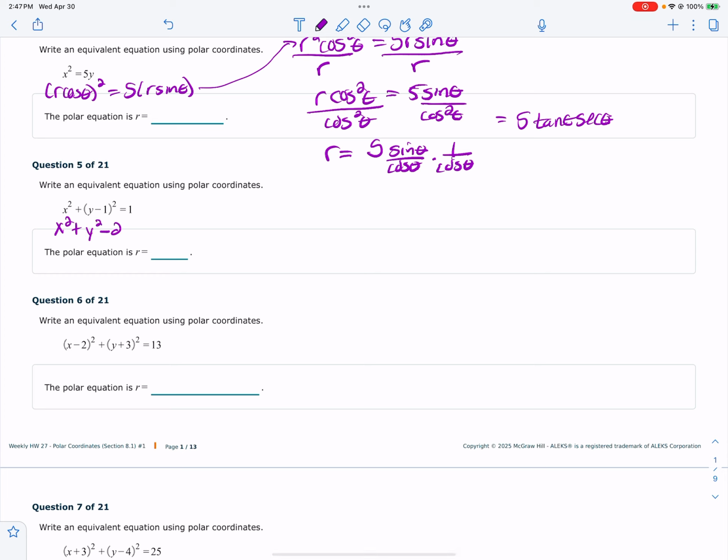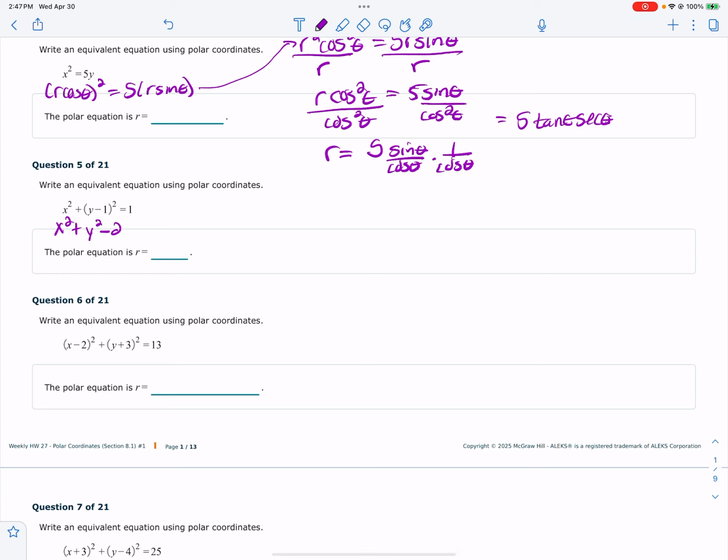Well, 4 and 9 is 13, so if I subtract 13 from both sides, those would be gone. So what I have now is r squared cosine squared plus r squared sine squared minus 4r cosine plus 6r sine equals 0.